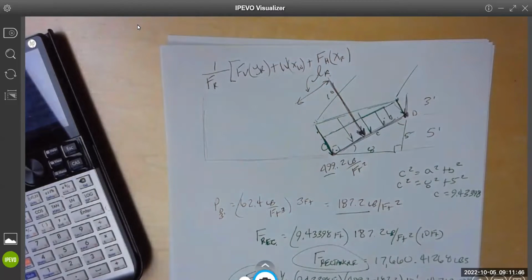What page is that on? It's on page 33. Location of the center of pressure, equating the moments yields.